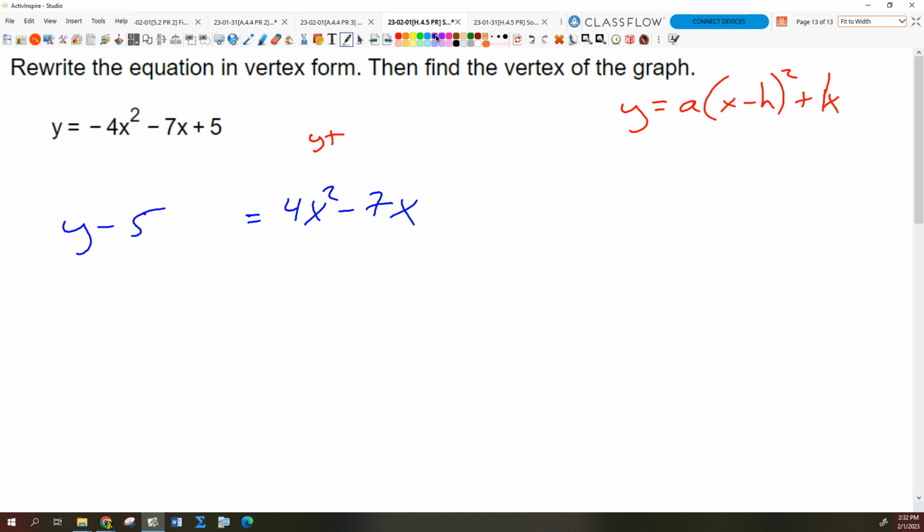Well, what do we have to do to complete the square on the right side? Oh, we gotta add half of it. Okay, but we're not there yet. We got to divide by 4, right? This has to be in the form x squared plus bx, right? So we got a 4x squared. We got to divide both sides through by 4.